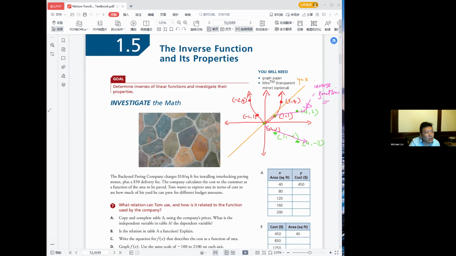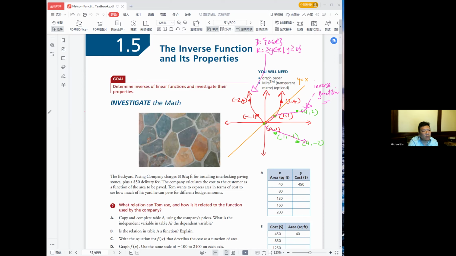Now, there's a few key things that you should remember about the inverse function and the parent function. Because the inverse function has had all the x and y coordinates reversed, the domain and range will be reversed as well. So for example, for this parent function, the domain is x belongs to all real numbers, and the range is y belongs to all real numbers such that y must be greater than or equal to 0.